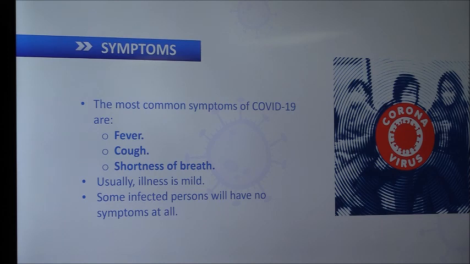Symptoms. The most common symptoms of COVID-19 are fever, cough, and shortness of breath. It's a respiratory illness. Usually, illness is mild in most people. Some infected persons will have no symptoms at all.